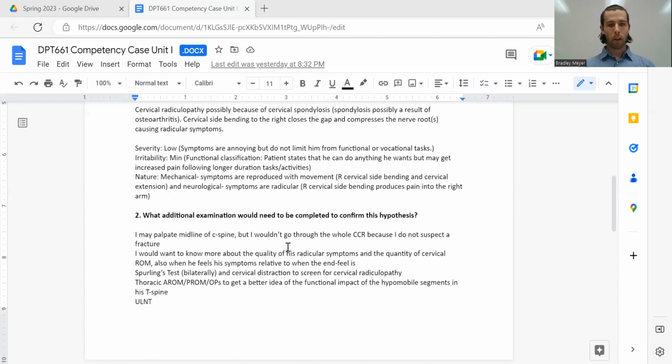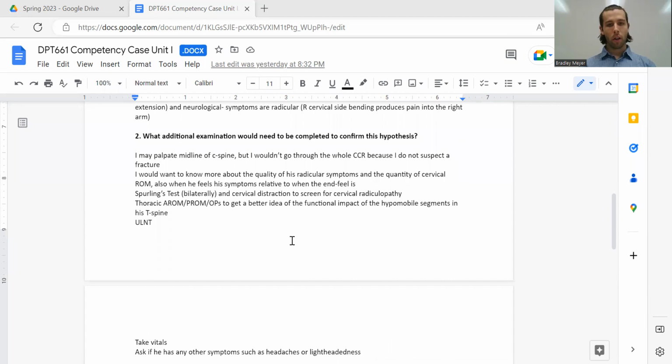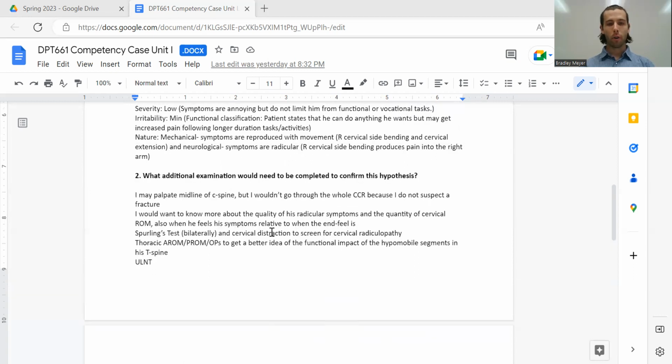So some other exam pieces I might want to do with this is possibly palpation of the midline of the cervical spine, just to make sure, but I wouldn't go through the whole Canadian cervical spine rule because I don't really suspect a fracture.